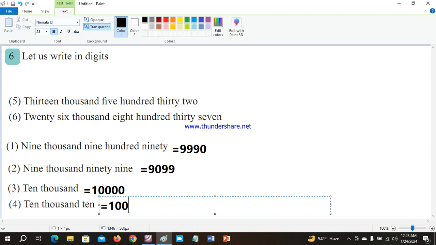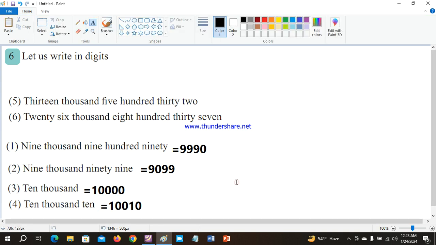So 10 is 1 in tens place. In tens place we have to write 1, and in ones place we have to write 0. So 10,010 is equal to 1 0 0 1 0.